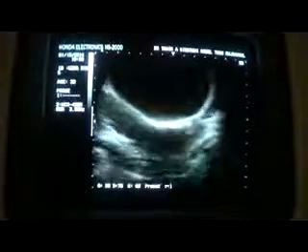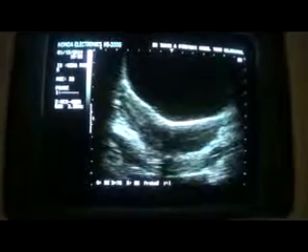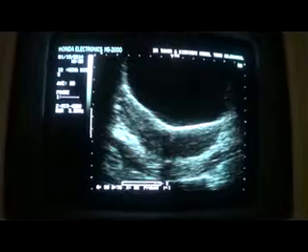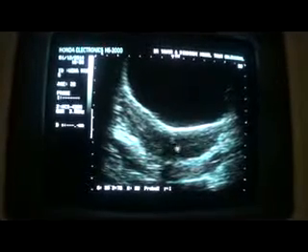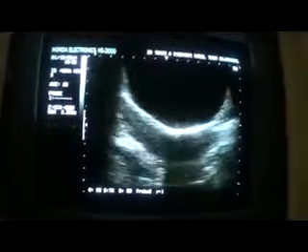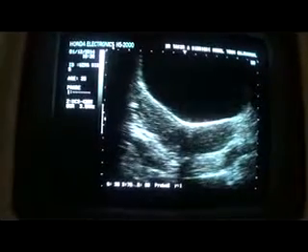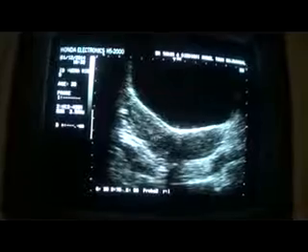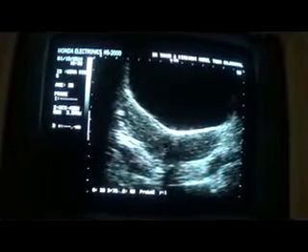Now in the same patient you will see that this is the endometrial canal in the pre-proliferative phase on this side of the uterine body, and now on the right side this is the endometrial canal.